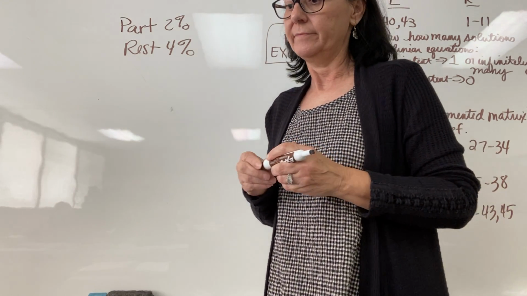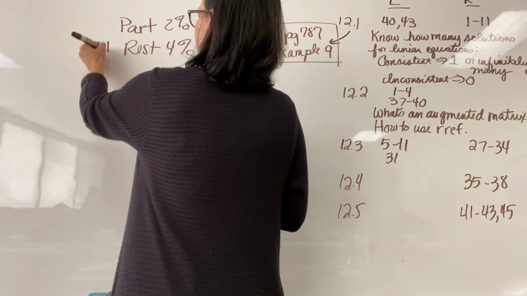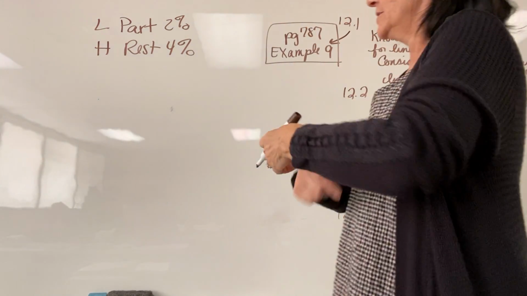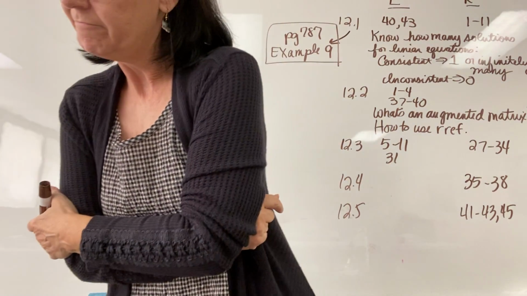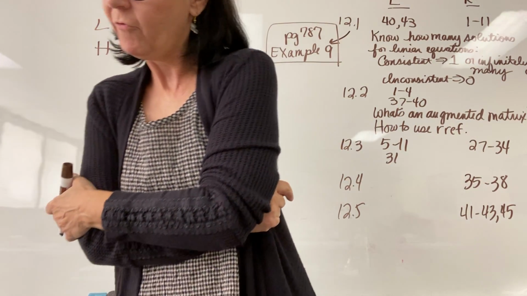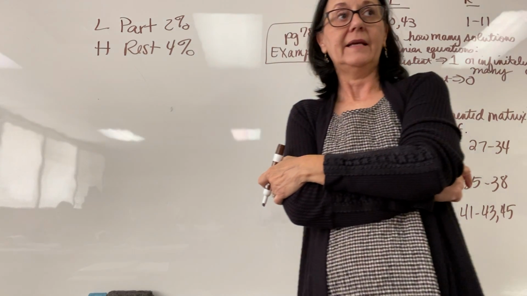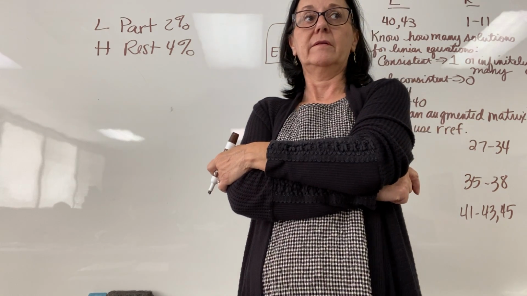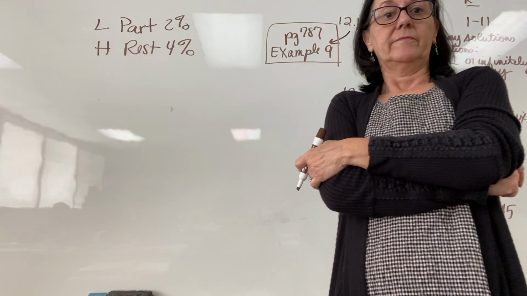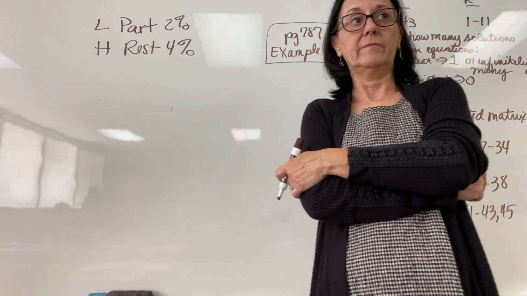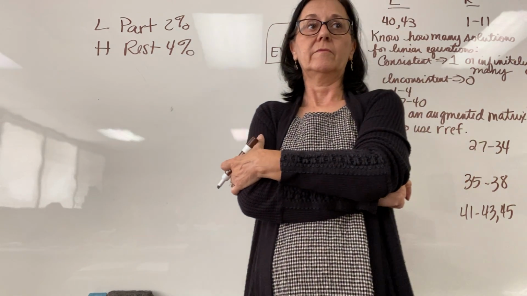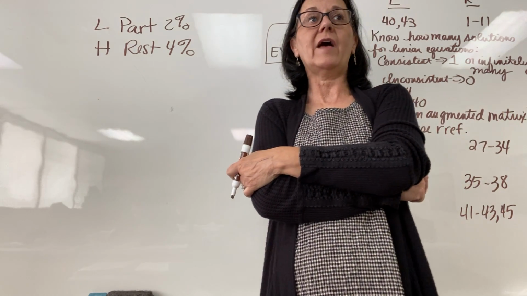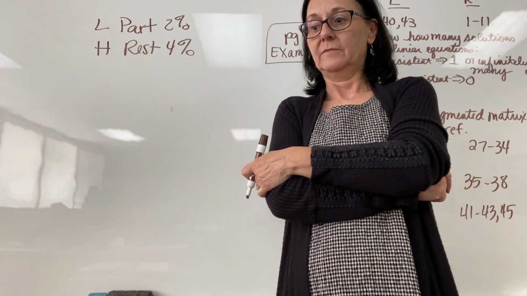So what is that? Actually, let's call this high and low, since that's now what they're referring to. If she has $4,000 less in the higher account than the lower, so what is that equation? Okay, 4,000 less. What do I write there?